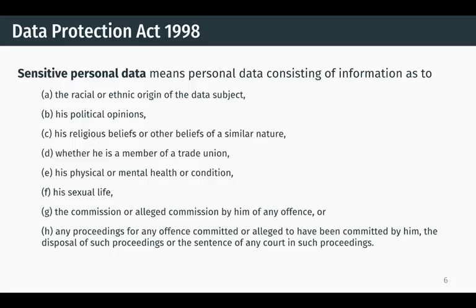A person's physical or mental health, their sexual life, be it orientation or practices in general, the commission or alleged commission by that person of any offense. So if someone has committed an offense, or is accused of having committed an offense, then this is sensitive personal data. And then anything that relates to this offense and being prosecuted for it.